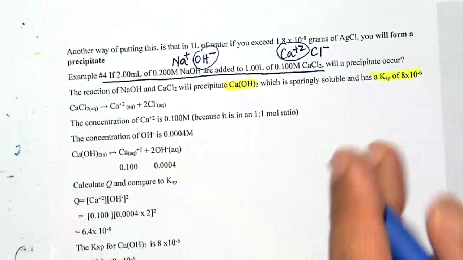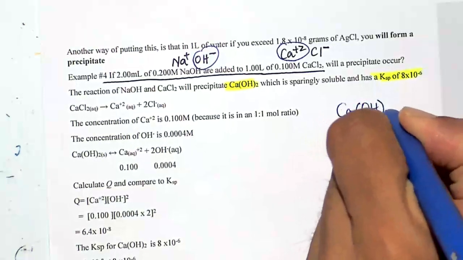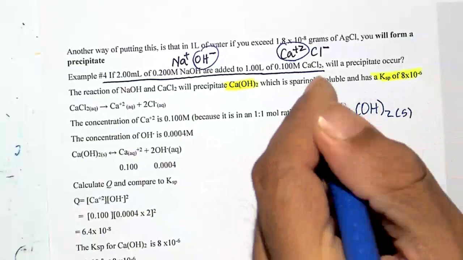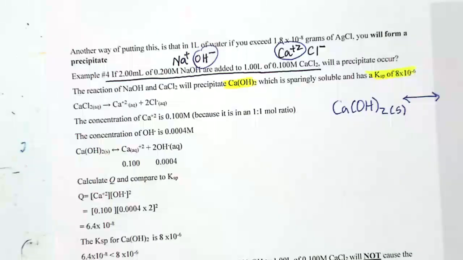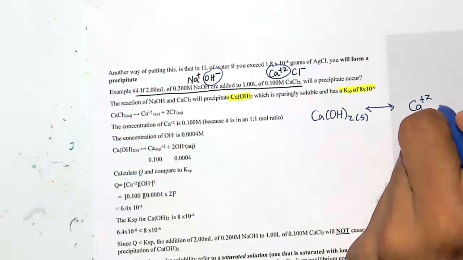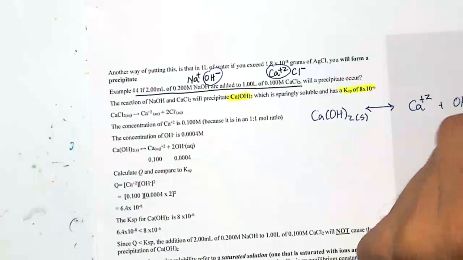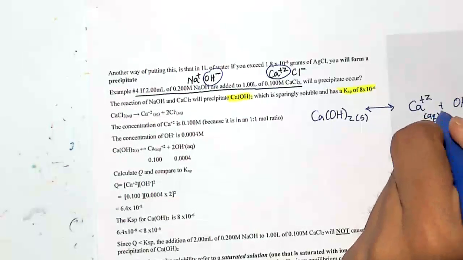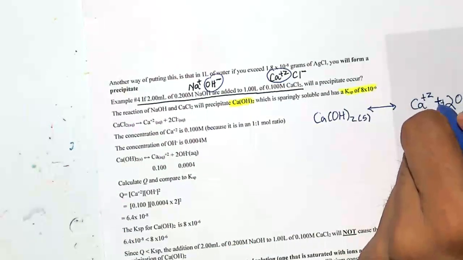So let's write the equation for the KSP: calcium hydroxide solid is in equilibrium with calcium ion, which is 2 plus, plus OH minus ion. This is aqueous, this is aqueous. We have to balance this, so it'll have 2.